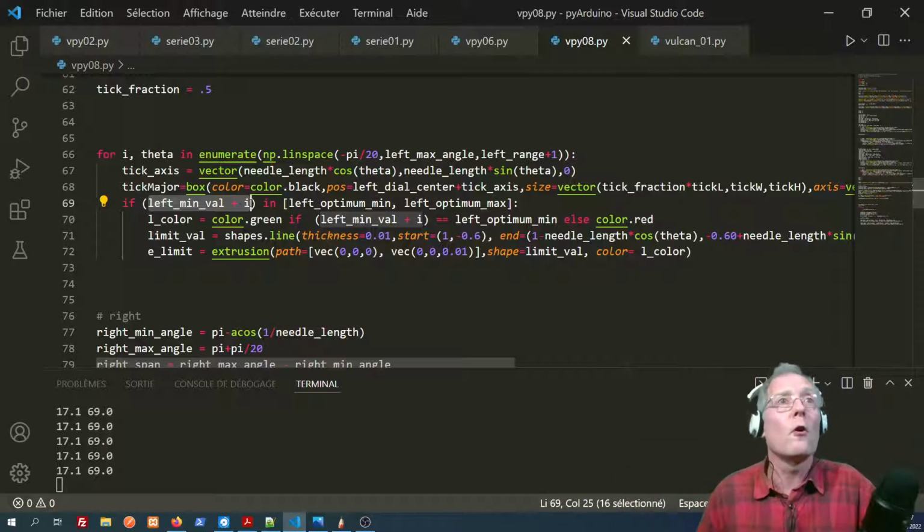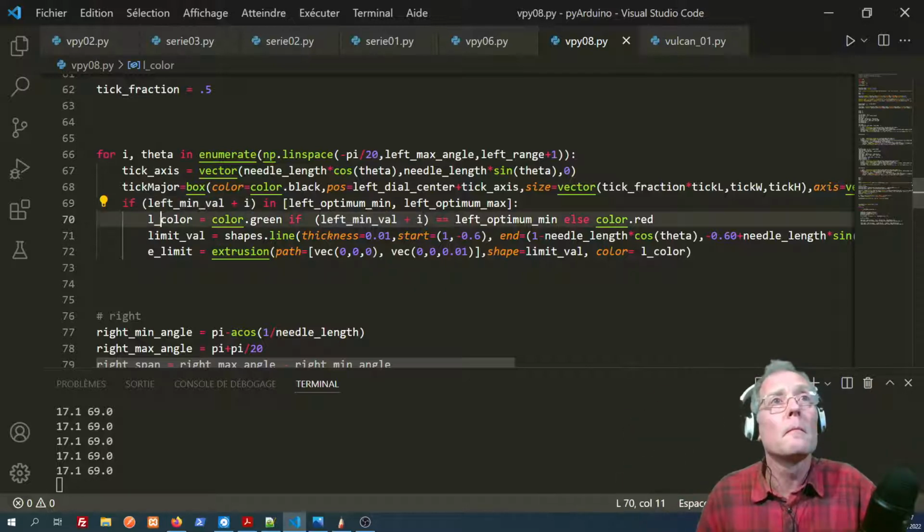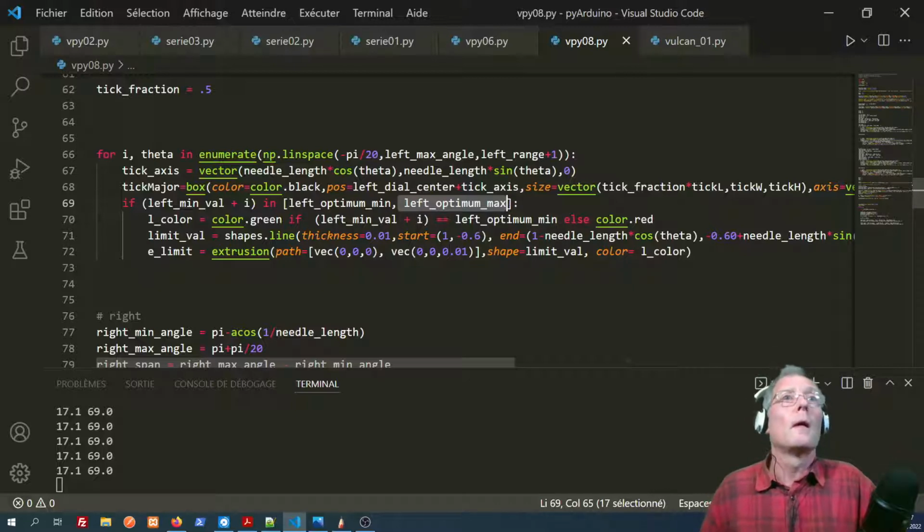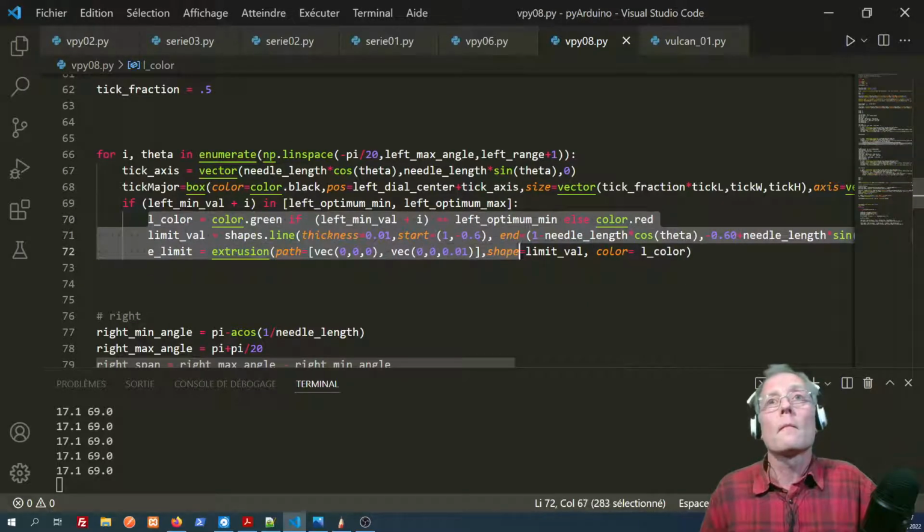So when drawing all my ticks, if the tick corresponds to left optimum min or left optimum max, I can draw the lines corresponding to those values.